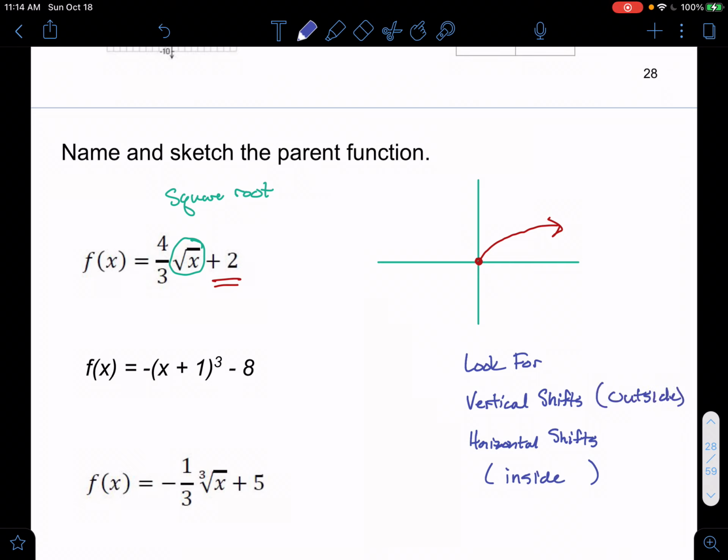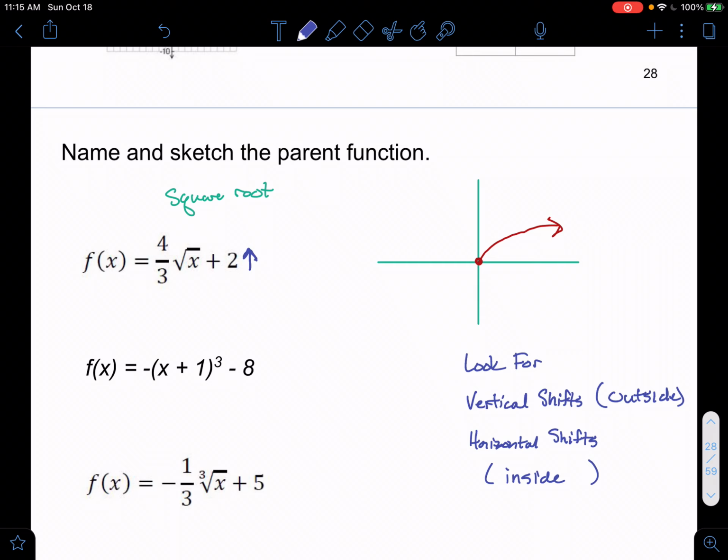And what I mean by that is this. Inside the square root here is simply just x. There was nothing happening inside of this one. This 2, however, gets added on the outside, which means this is going to be a vertical shift. When I'm dealing with vertical shifts, if it is +2, it simply means that my graph is going to be shifted up 2.